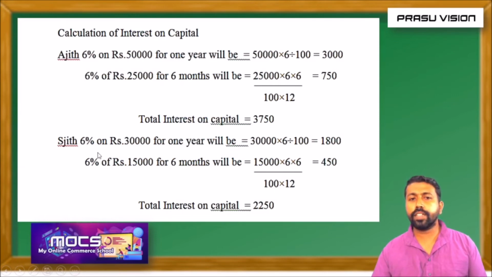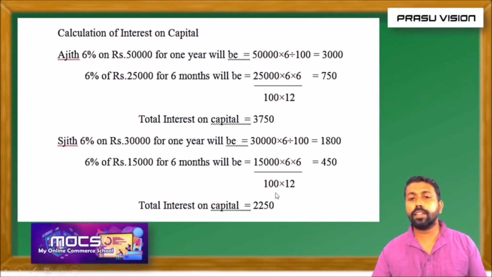Like the same, we are calculating Sajit also. First we are paying the interest for the whole year, 30,000 into 6 by 100. Then for the 6 months, additional capital brought by Sajit is 15,000 into 6 by 100 and the period 6 by 12. 12 means the number of months in the whole year.